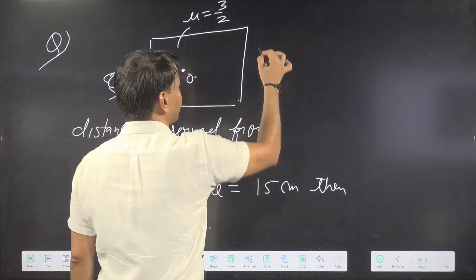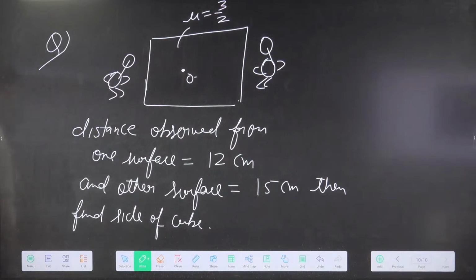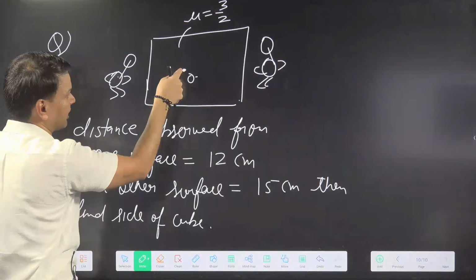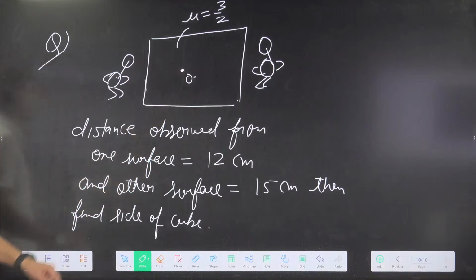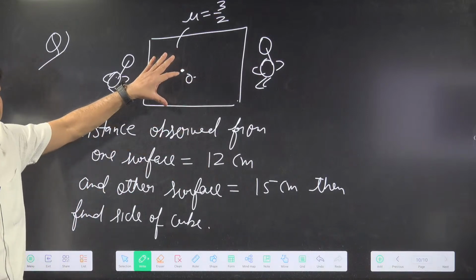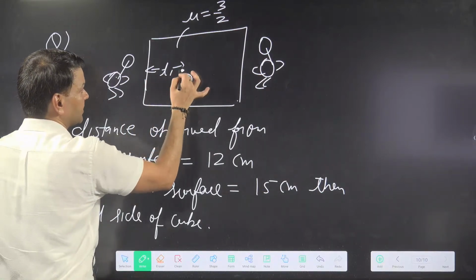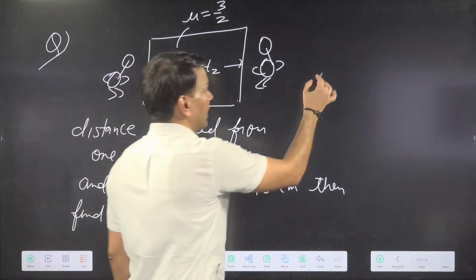What is the actual side of the cube? Suppose the observer observes the object at 12 centimeter, so he is observing the apparent depth. Suppose the actual distances are T1 and T2.